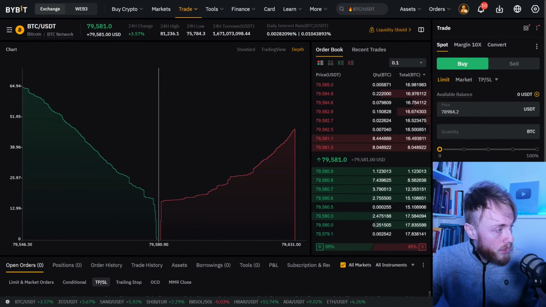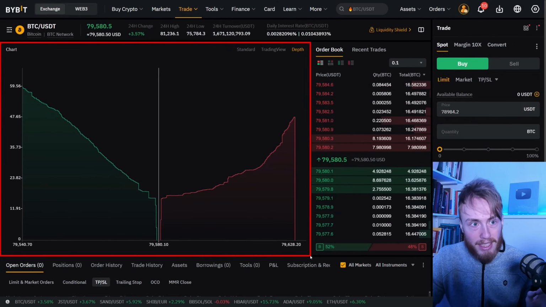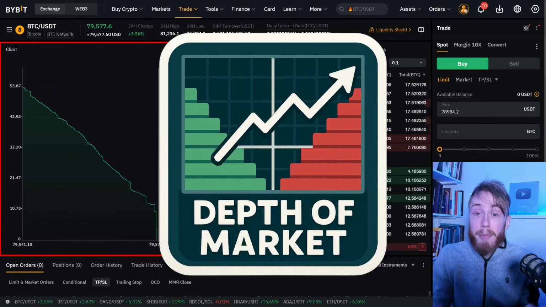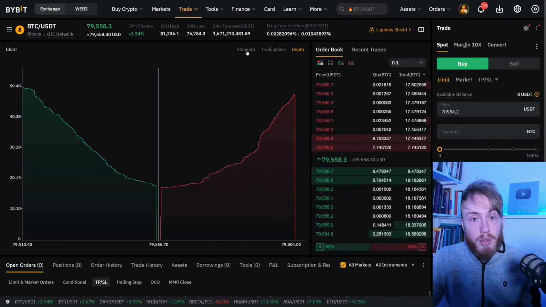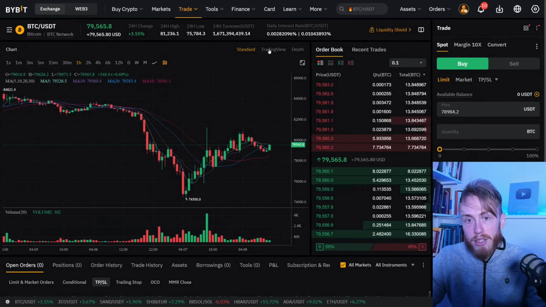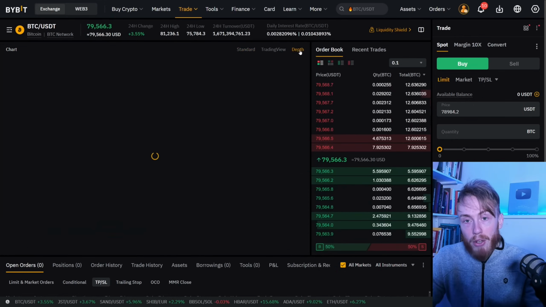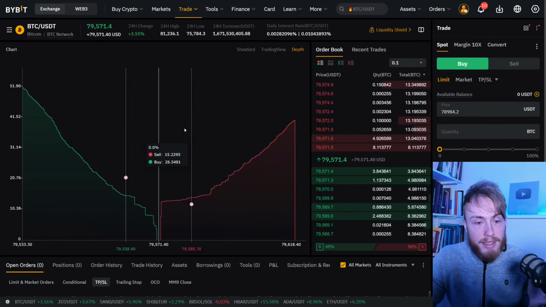But what you can also see right here, and this is actually a very useful tool, is what is known as the depth of market. If you are in Bybit and want to get to this one, the standard view will look like this. This is just a candlestick chart, and you can find the depth of market right here. Now you might wonder, what is the depth of market?